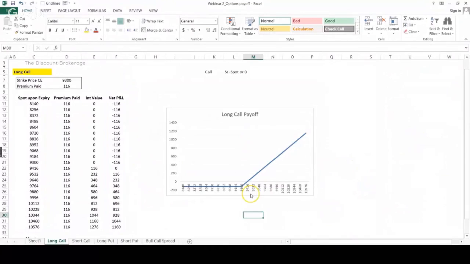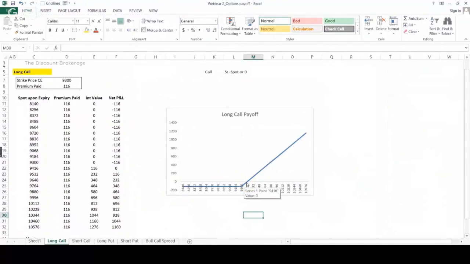Now, as you see, we make a loss of 116. Just look at this part here. From here to here, this is a straight line, which indicates that there is a loss of 116. Now, as the option starts moving from a certain point here, we start making money. And at this particular point where my mouse is pointing, we neither make money nor lose money.